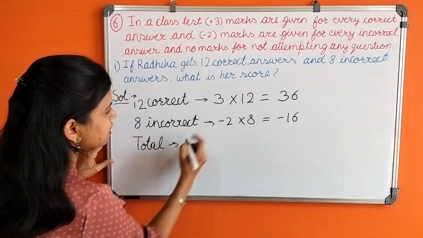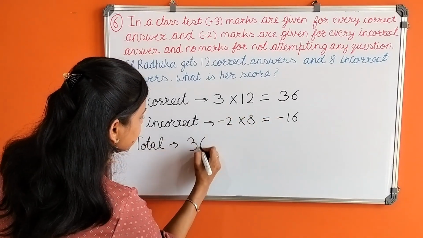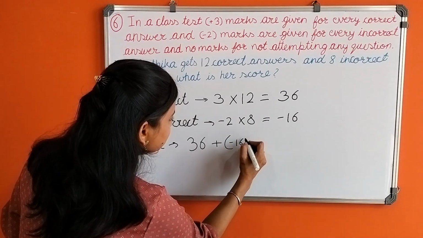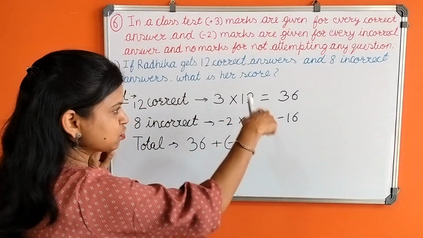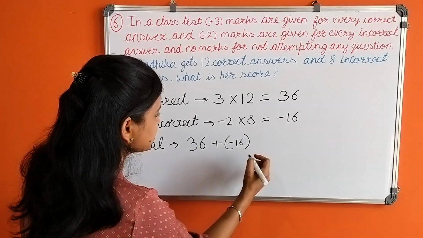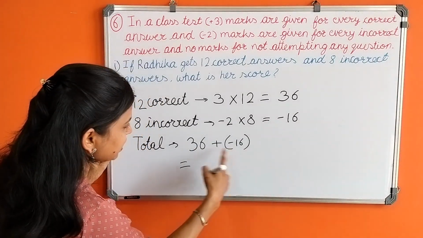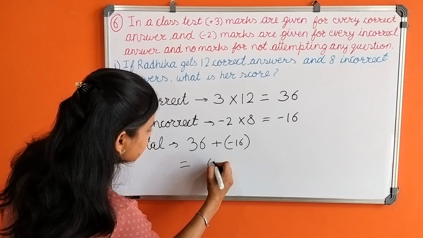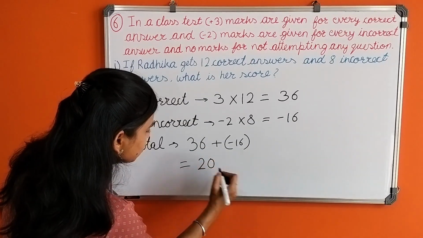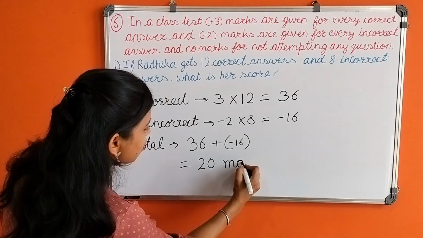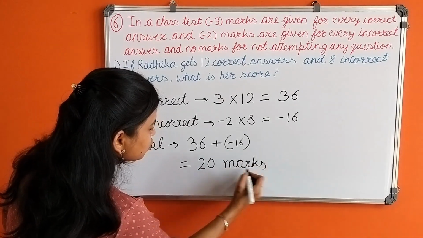Total score 36 plus minus 16. We have to add both her scores, 36 plus minus 16. So we will subtract. 20. So Radhika got a total of 20 marks.